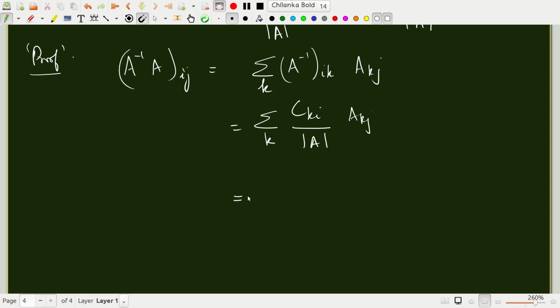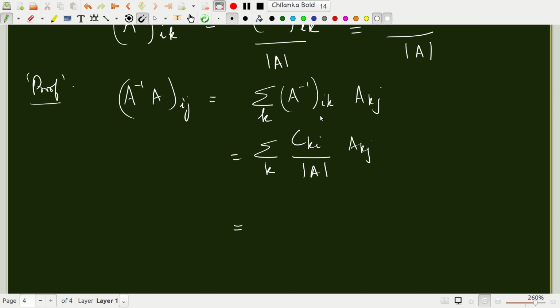If you take k equal to 1, you get C_11 and then a_11. Suppose I take i equal to 1 and j equal to 2. You can show that only those factors that contribute to the determinant are non-zero and all the others are 0. So you can show that this is nothing but delta_ij, so the determinant cancels off.